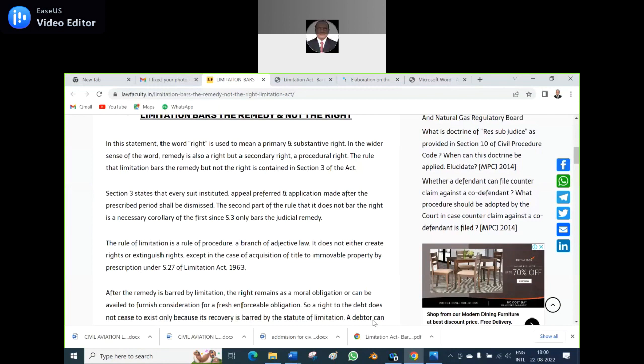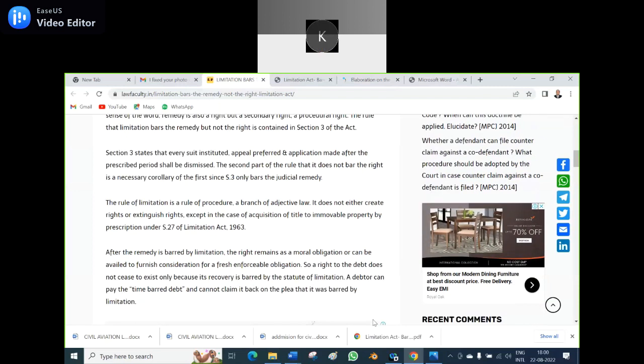The word right is used to mean a primary and substantive right. In the wider sense of the word, remedy is also a right, but a secondary right, a procedural right. The rule that limitation bars the remedy but not the right is contained in Section 3 of the Limitation Act.